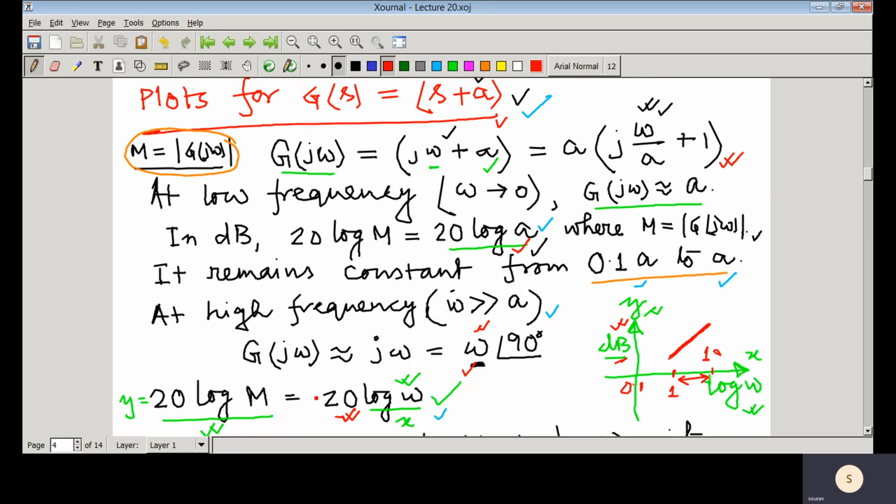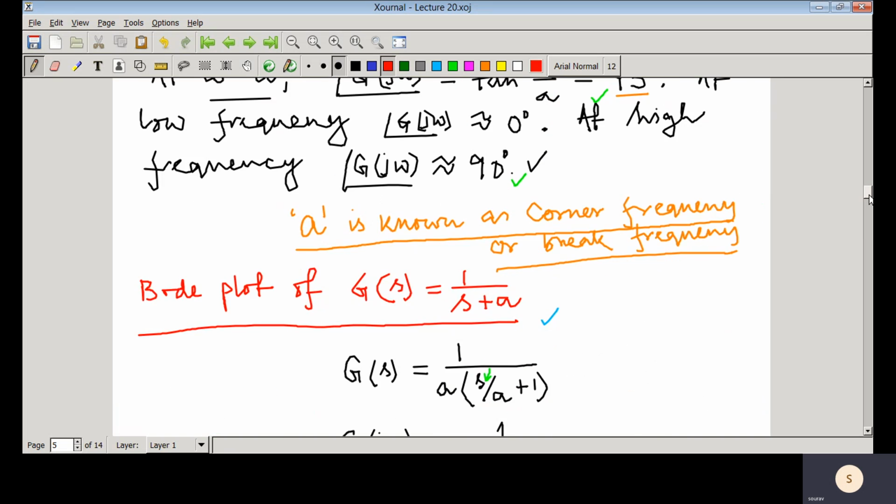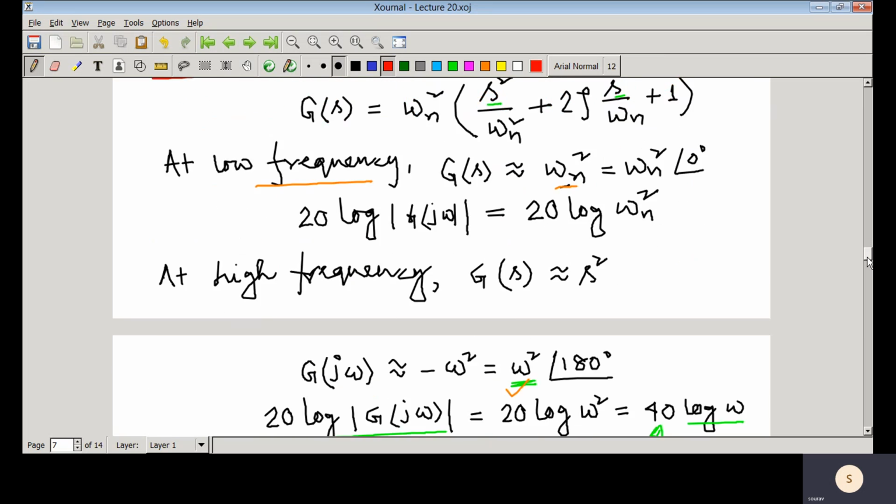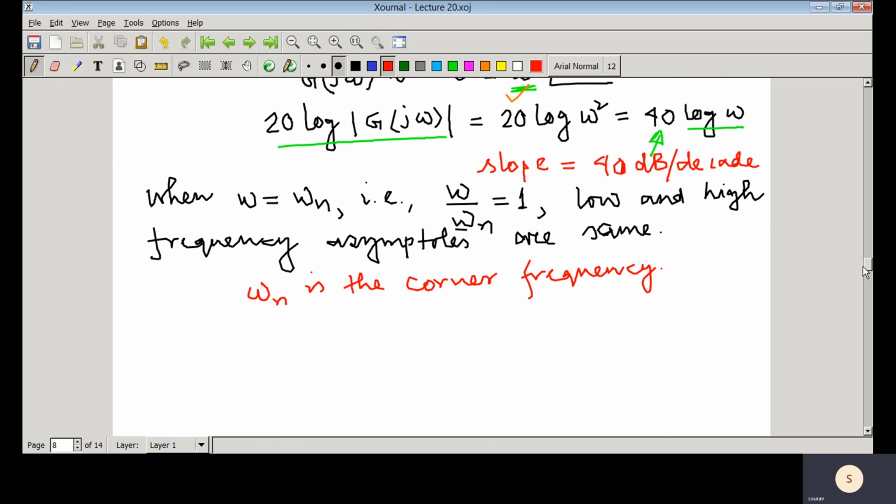So omega equal to A in this particular case is that corner frequency. And in case of second order factor, we find that omega n is the corner frequency.